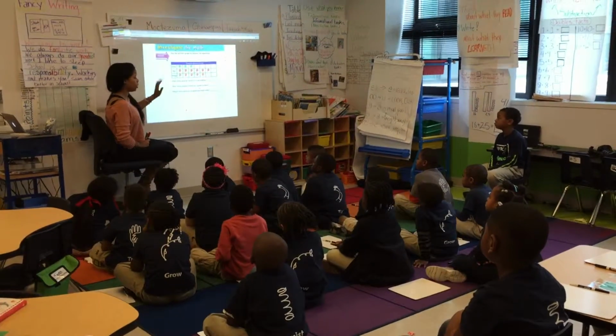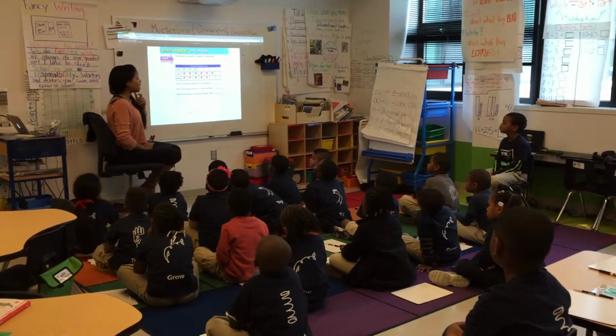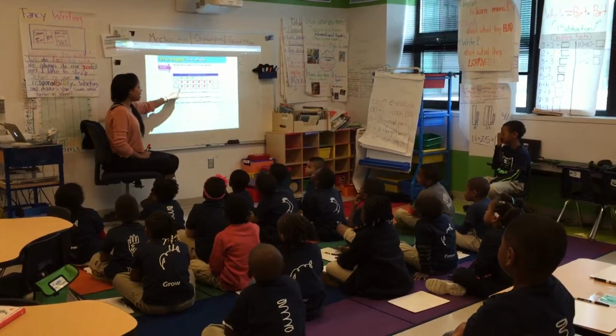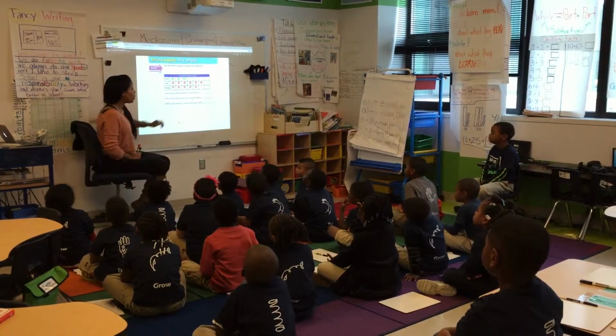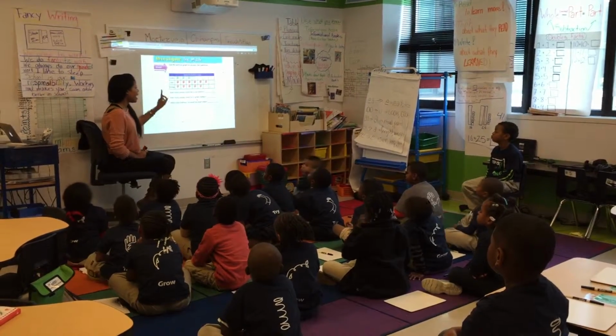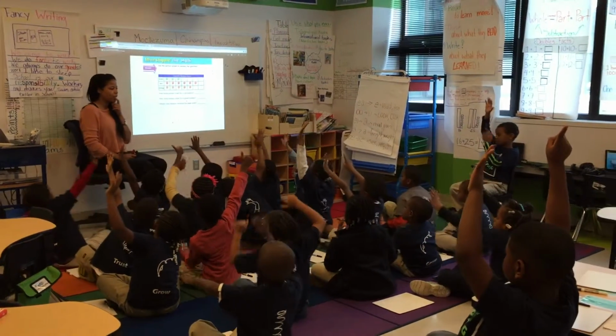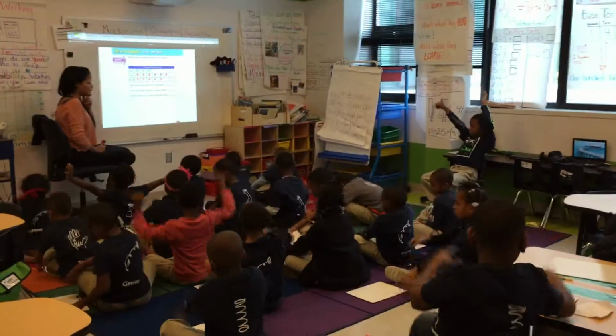Let's look at this graph, favorite balloon colors, that we just looked at. Now, how do we answer questions using the picture graph? We can look at our data and find out what the question is asking us, right? How many people voted for a red balloon? I want you guys to write this down on your board.